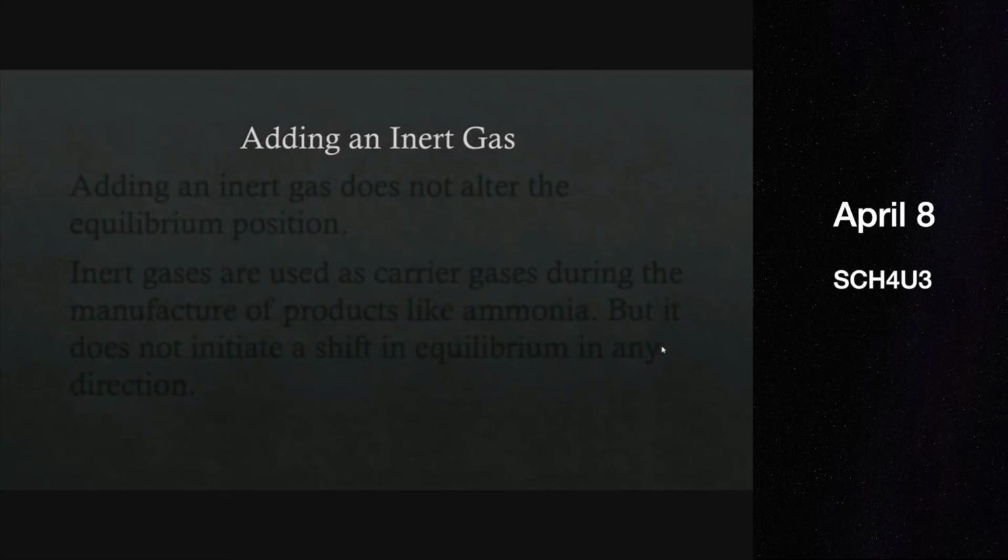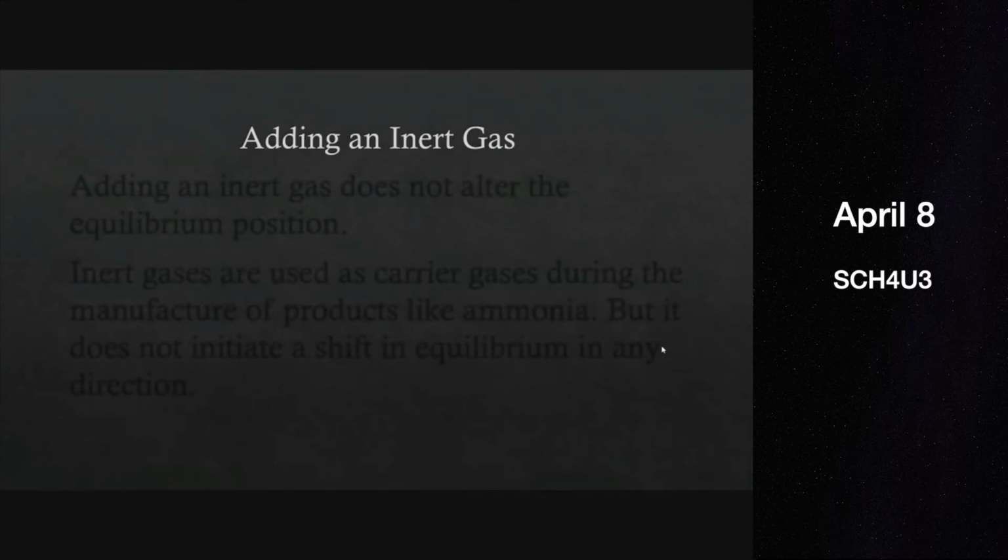So if you look at that, what really happens is the partial pressures of the reactants do not change. They remain the same. And by adding this inert gas, it's not going to affect that in any way. And therefore, it does not affect the equilibrium shift. So inert gases do not have an effect on the equilibrium state.